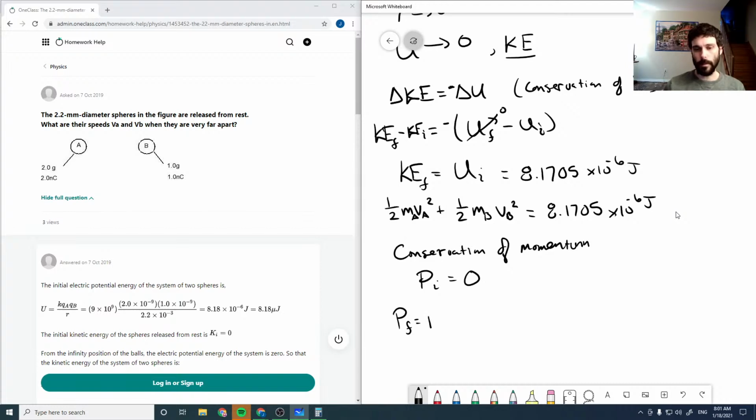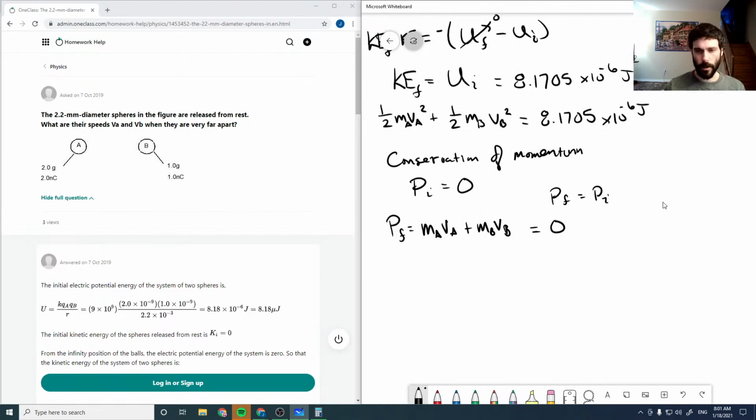Our final momentum is mA vA plus mB vB. So PF equals PI, so this equals 0. And so we can solve for vB by saying that vB is minus mA vA over mB. Or for use in our kinetic energy expression, we can say that vB squared is mA squared vA squared over mB squared.